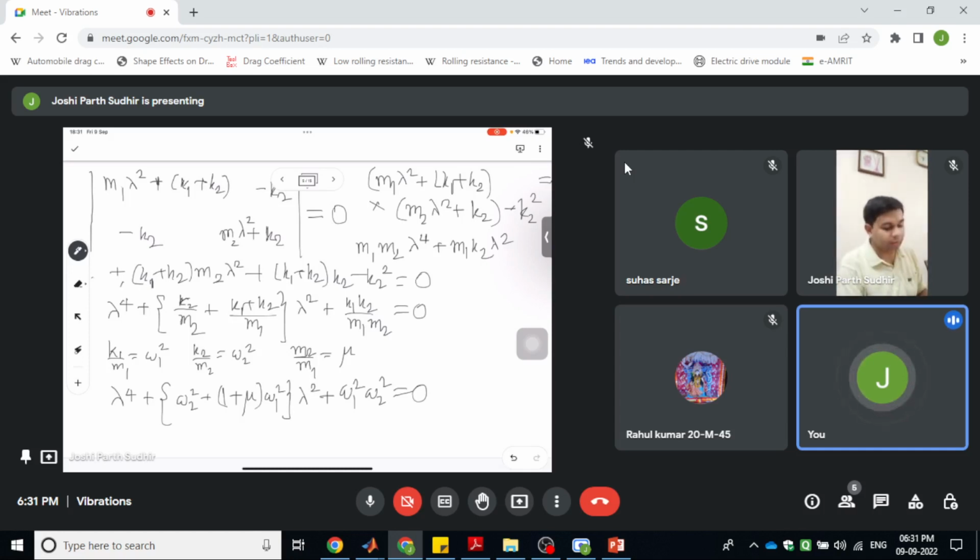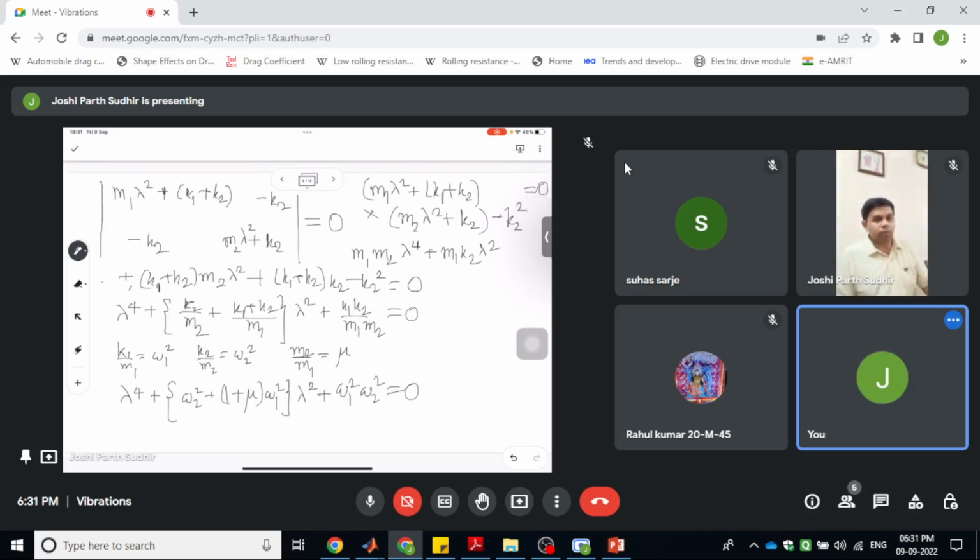So omega 1 square and omega 2 square will be equal, so omega 1 square is equal to omega 2 square, so that is one thing that we know. And so for designing the vibration absorber we have to find out the value of mu.